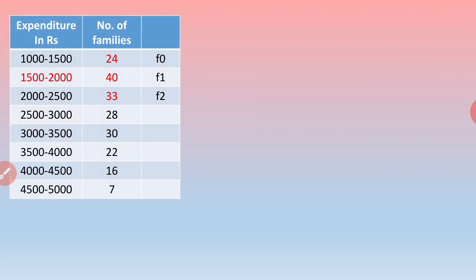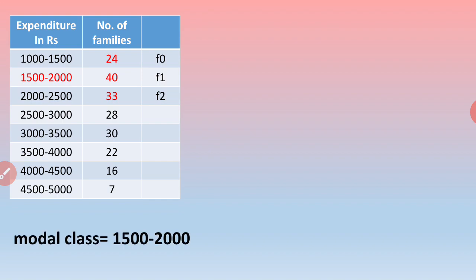Here the data is already written in the column wise. So we have jotted it down and we look out for the maximum frequency. In this case, the maximum frequency is 40. So 40 is F1 and corresponding class, that is 1500 to 2000, becomes our modal class.